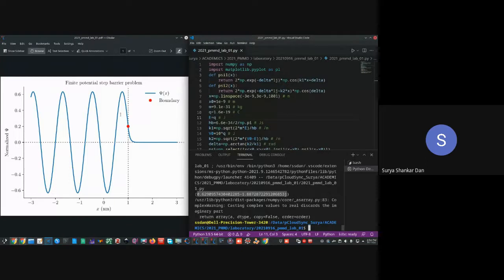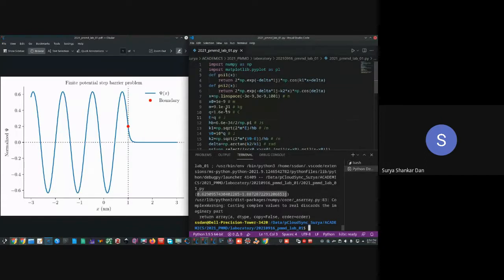Of course, this is an imaginary number because this is a psi function. If you take the magnitude of it, that is psi star psi, or basically the mod of psi square, then you will get the amplitude. Let's not bother about that. Just look at this figure.